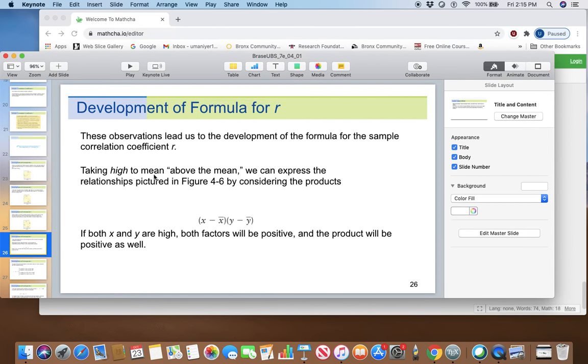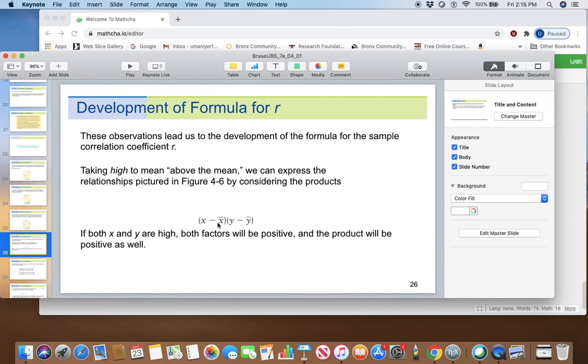Taking high to mean above the mean, above the average, we can express the relationships picture by considering the product x minus x bar. Remember, this is the sample mean for x values. Y minus y bar, where y bar is the sample mean for y values.